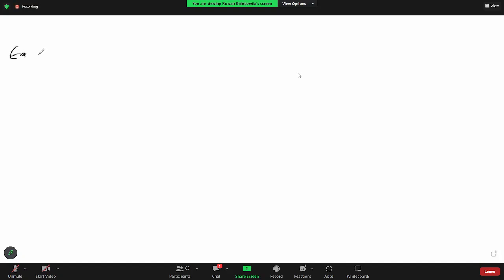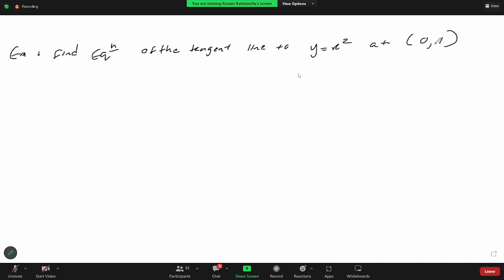So example, find the equation of the tangent line to y equals x squared at, let's take the point 0, 1.